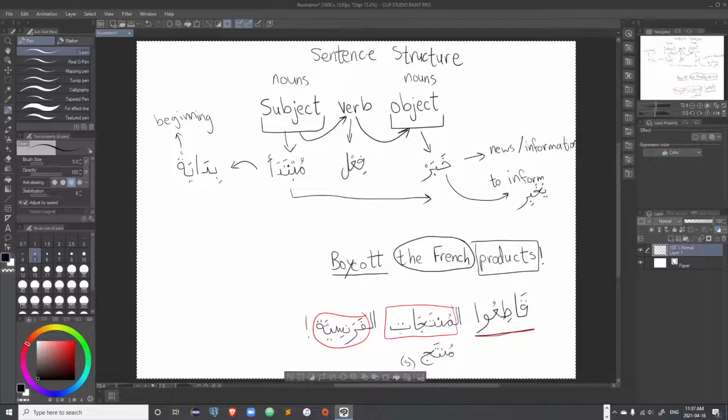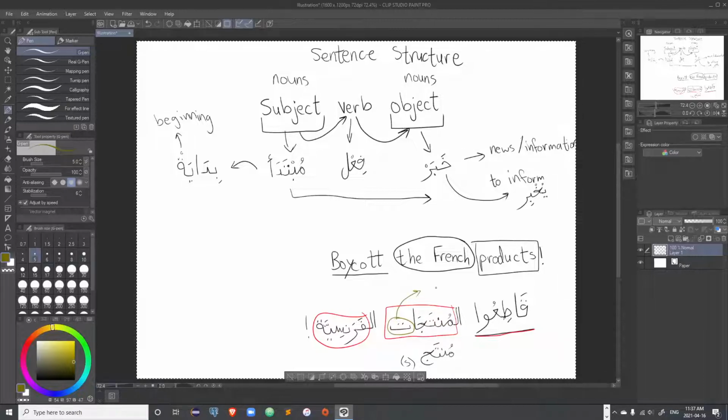How do we know a feminine from a masculine plural? With this. Let me choose a color. Oh, that is actually too bright. Let me choose a darker one. There we go. This is called تاء التأنيث, the feminine ta.